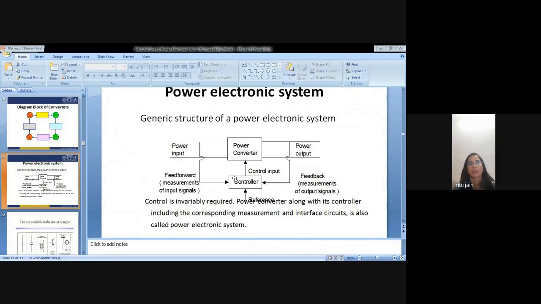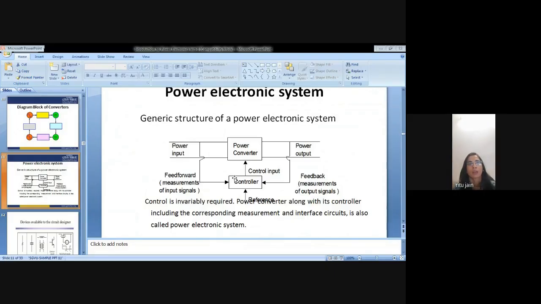You can see in the diagram that there is a control unit. So what is the control unit? It's a system of feedback. Whatever output you are getting goes back again toward the input. There is a reference, and the output is compared to the reference.